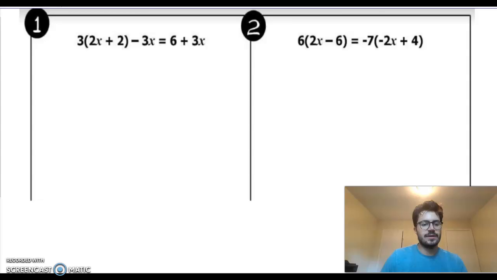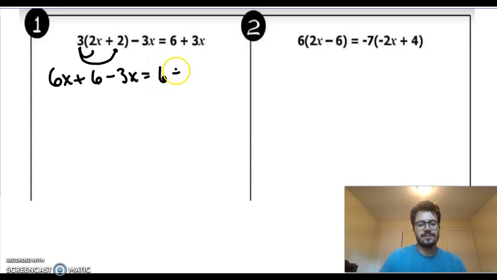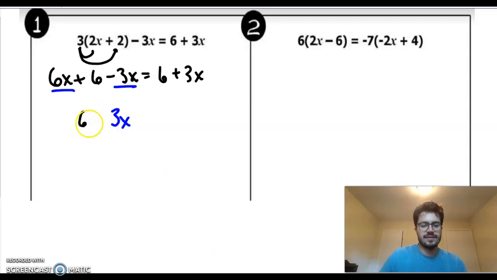Let's see here. Did we already do this one? No, we did not. Let's do our distribution. We have 6x plus 6 minus 3x equals 6 plus 3x. 6x minus 3x, that's going to give me 3x. And then I still have the 6.